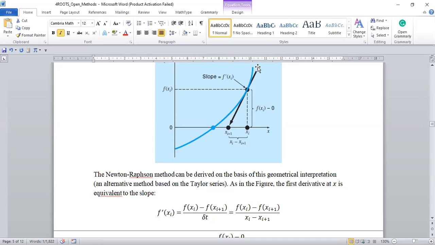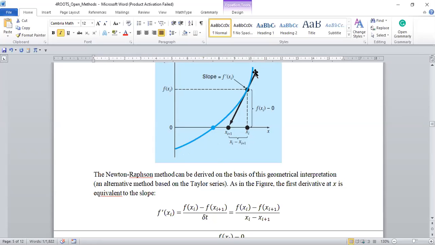So now, if this was the value of the initial guess you are giving, if you draw a tangent to that particular function, the point at which the tangent touches the x-axis is the next value of the root.